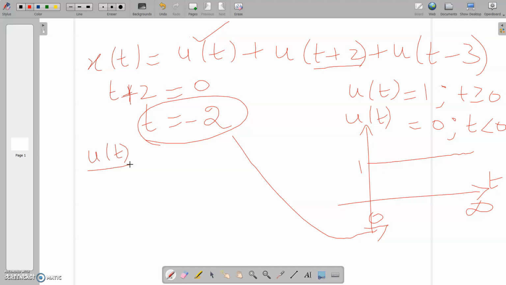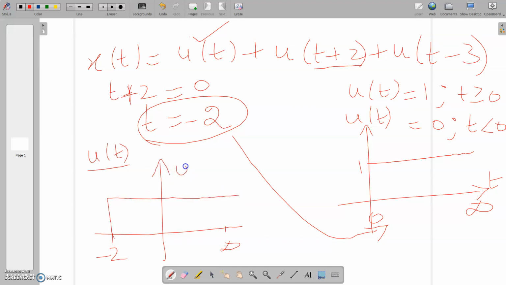So, minus 2 plus 0 becomes minus 2, and all the values in between, 1, 2, 3, will be added with minus 2. And then what is the ending range? It is infinity. Infinity minus 2 is again infinity. So, we will be getting the signal like this.